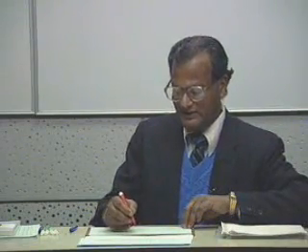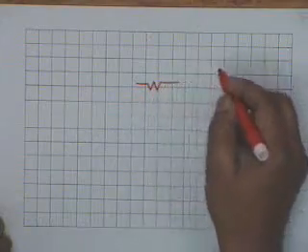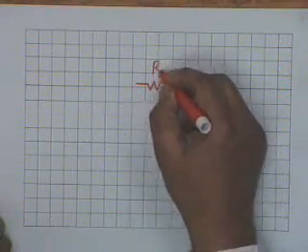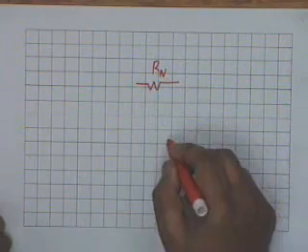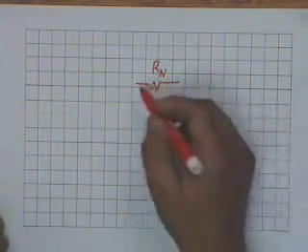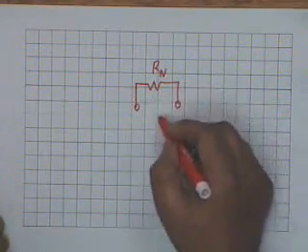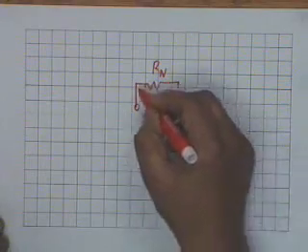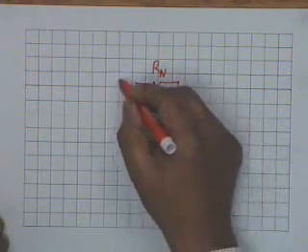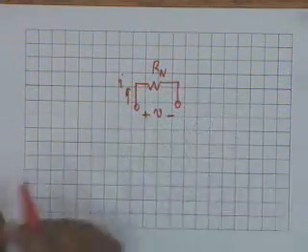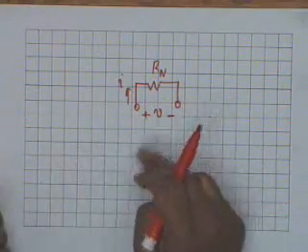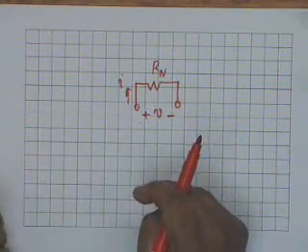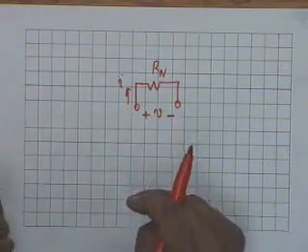There is no special symbol for a nonlinear resistor, so we will simply say Rn, all right, to indicate that it is a nonlinear resistor. Now, a nonlinear resistor obviously does not obey Ohm's law. Ohm's law says V should be proportional to I, and the proportionality constant should be Rn.